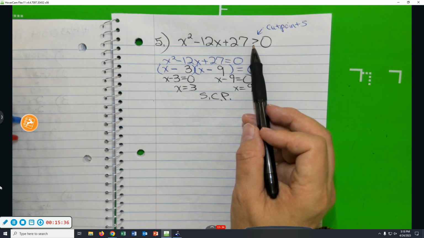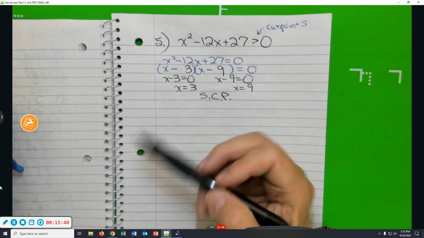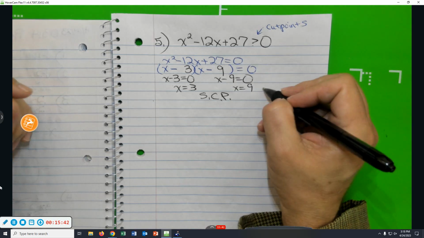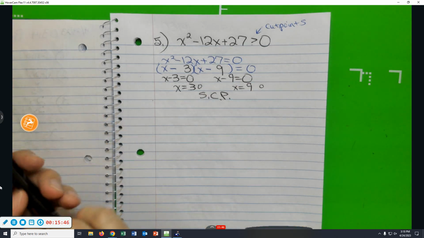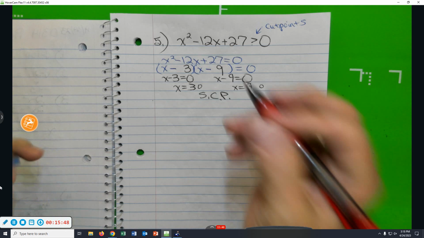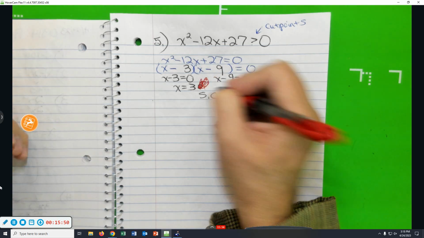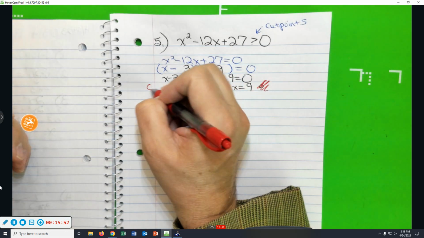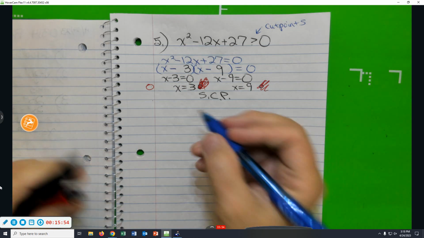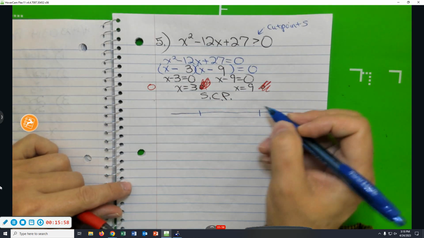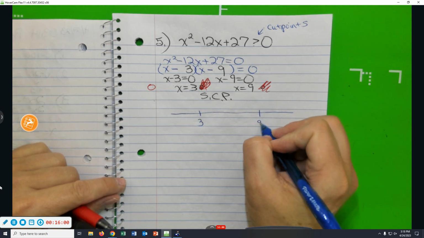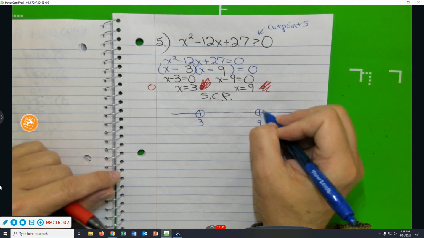Is equality acceptable here? Do we have that little horizontal equality bar? No, so these are going to be open circles. Forget that. There. Open circles. So we have 3 and 9 open circles.